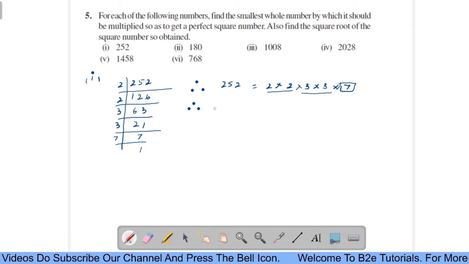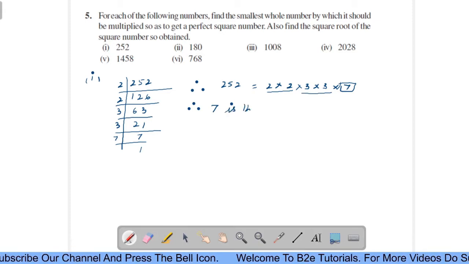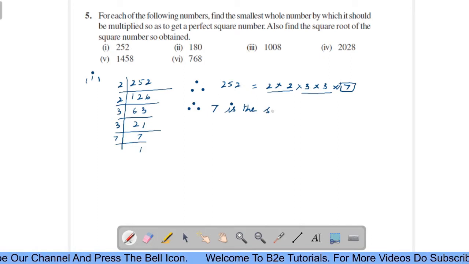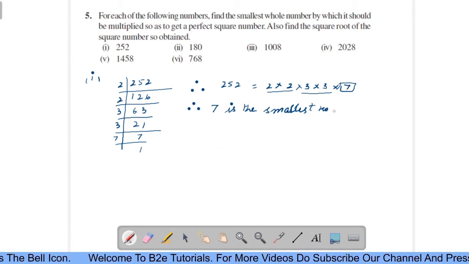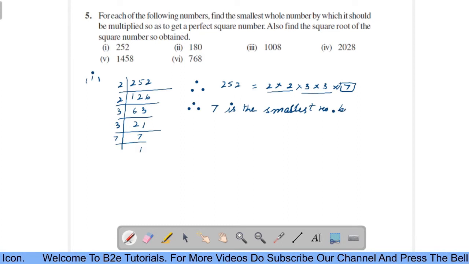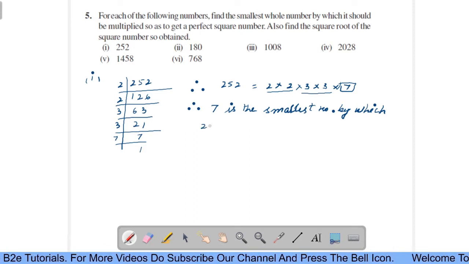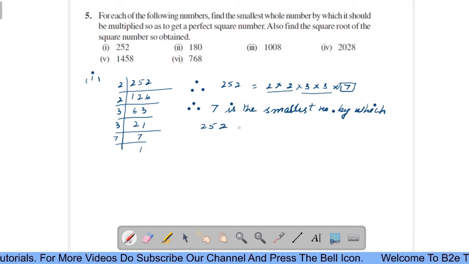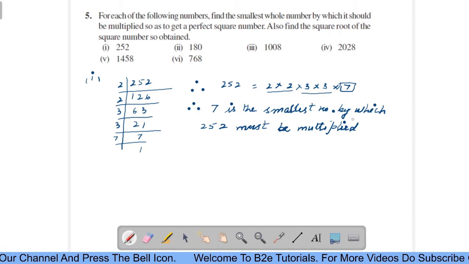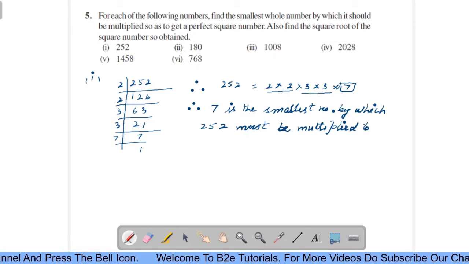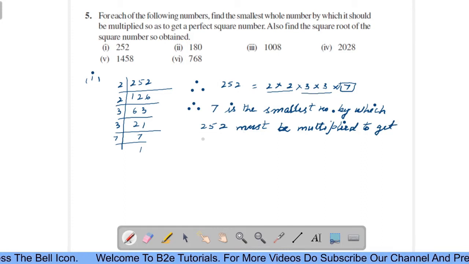Therefore, we can say that 7 is the smallest number by which 252 must be multiplied to get a perfect square number.